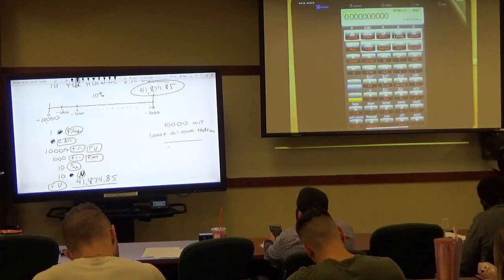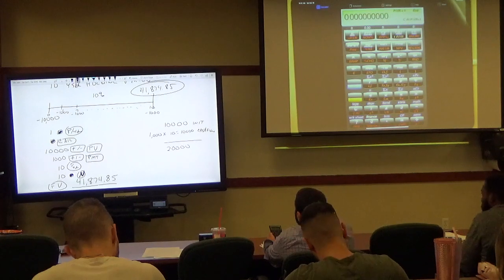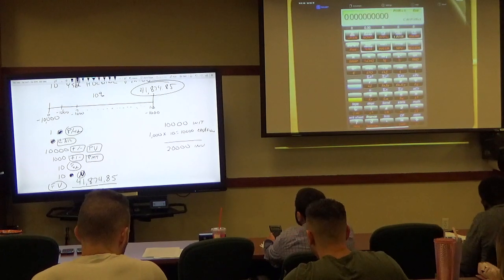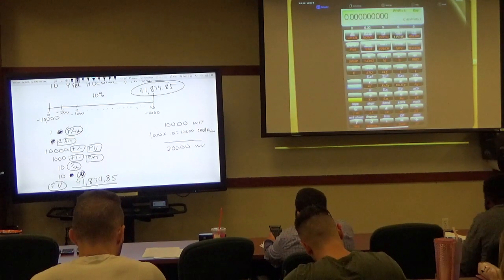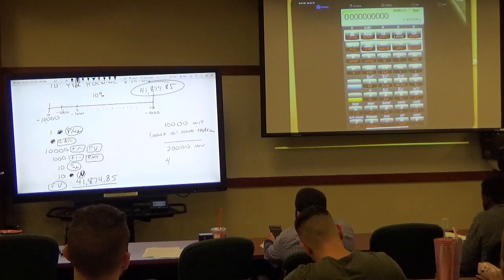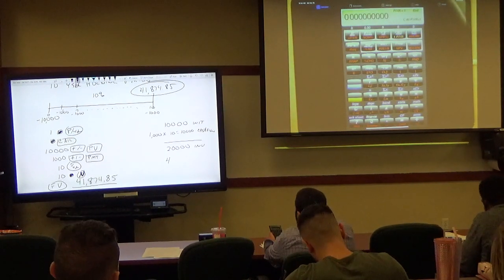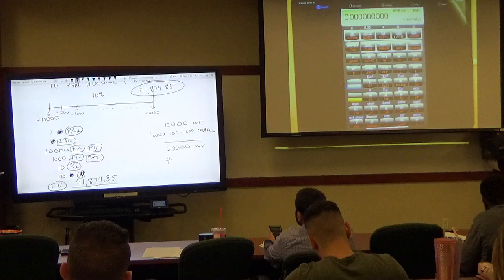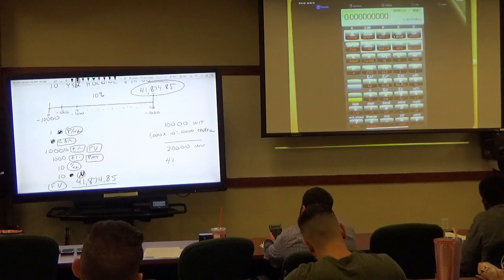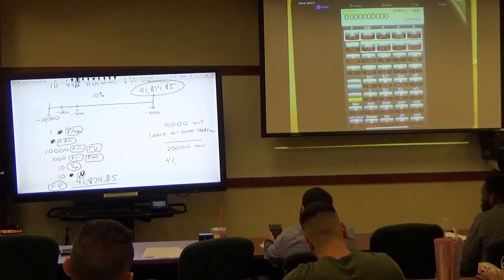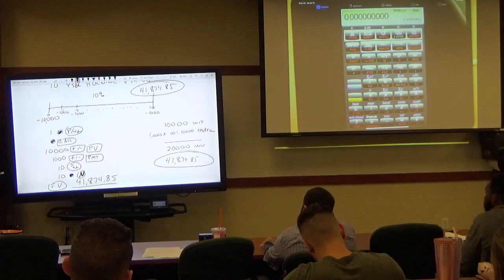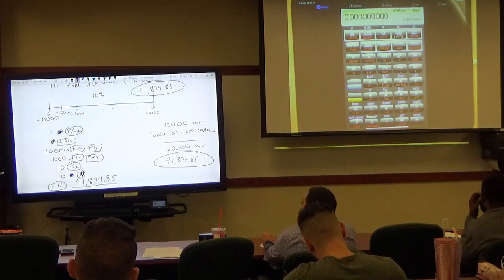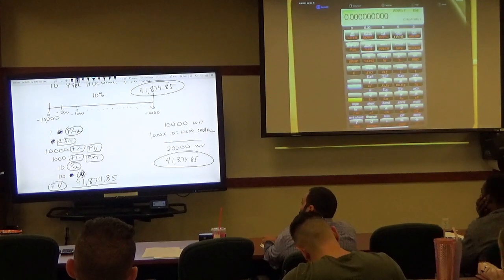So that means we've got $20,000 invested in this, and because of the compounding at the 10% rate, that means that we would have to sell it for $41,874.85 in order to satisfy our requirement of the 10% rate of return for every dollar we've invested.